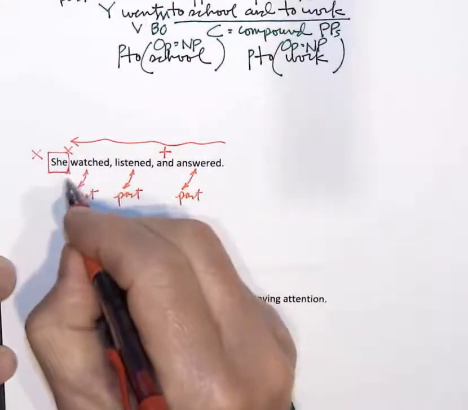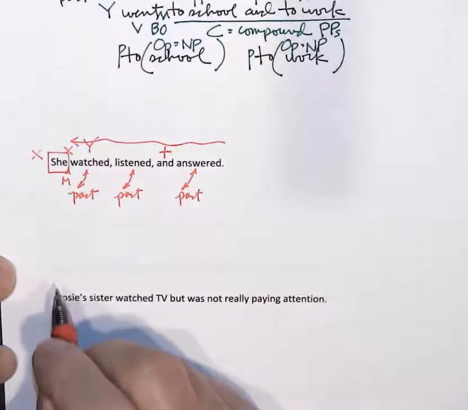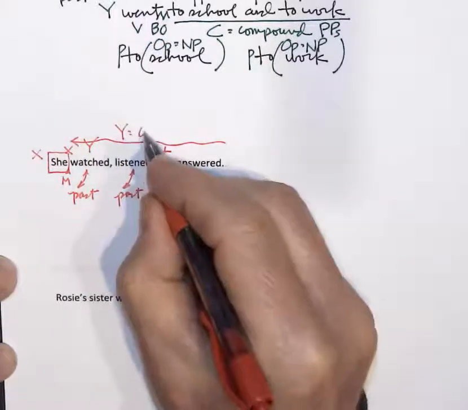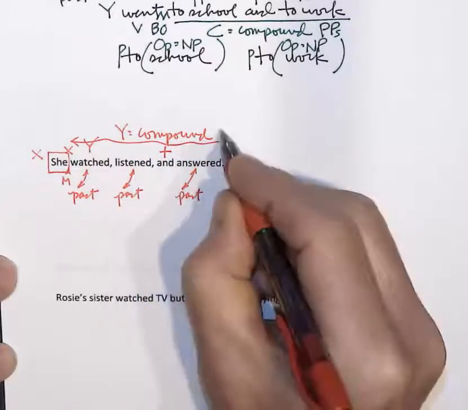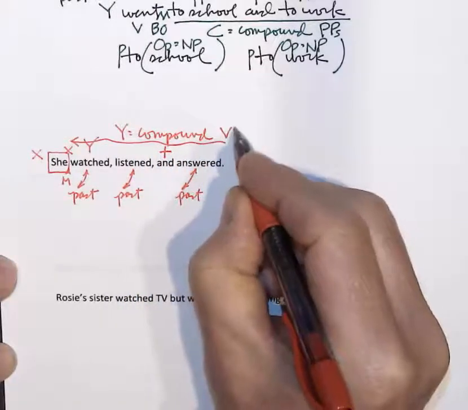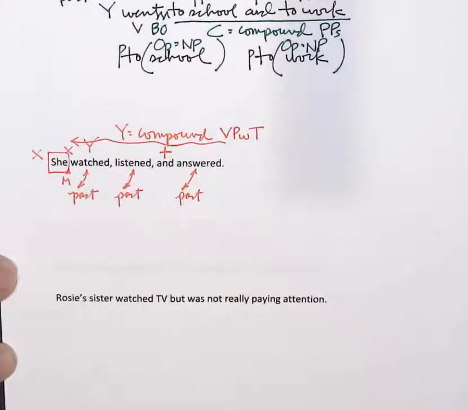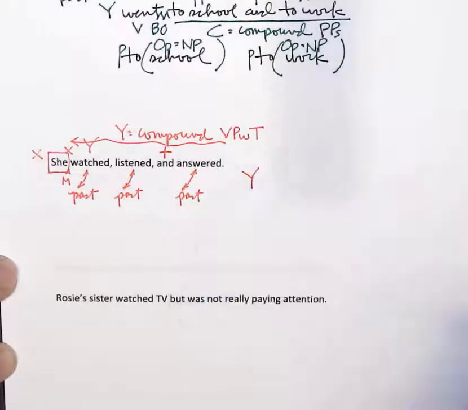The M place is empty, and Y is watched, listened, and answered. Y is compound verb phrases with time. And we don't really need to do all of them, but let's do one to see what they're going to look like.